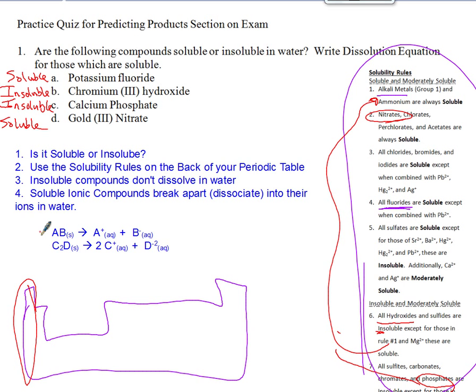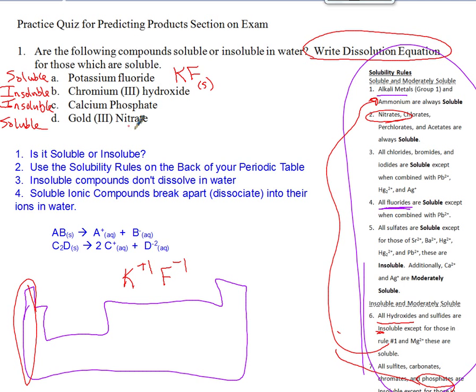And so now we need to write dissolution equations for the ones that are soluble. We only have 2 that are soluble, and I have sample versions of those right here. So let's first write the formulas for both of these. Potassium is a +1, fluorine is a -1, so this compound would be KF, and it would be a solid.